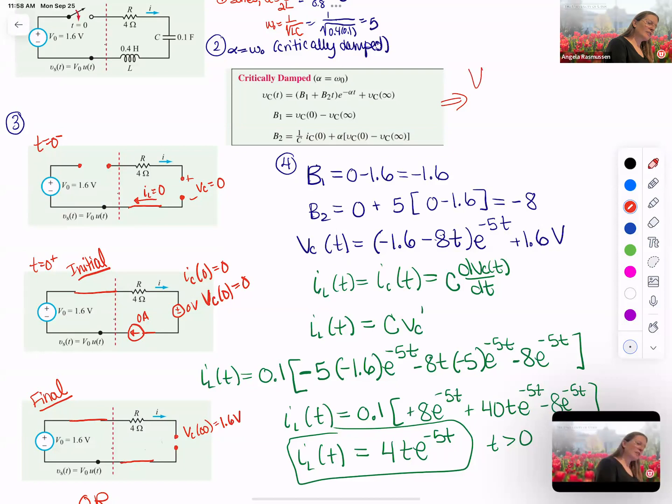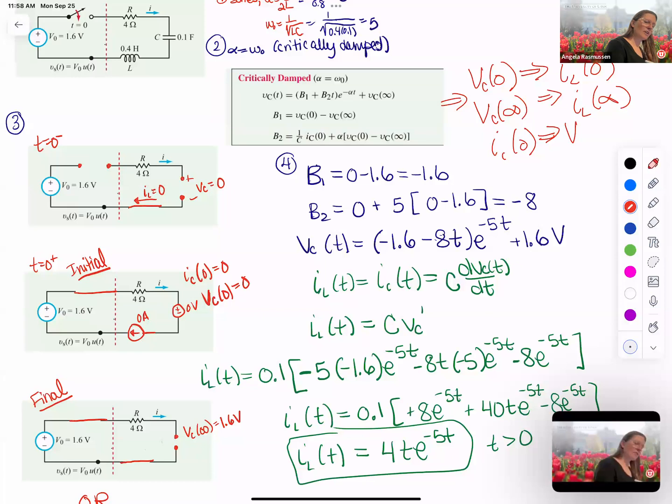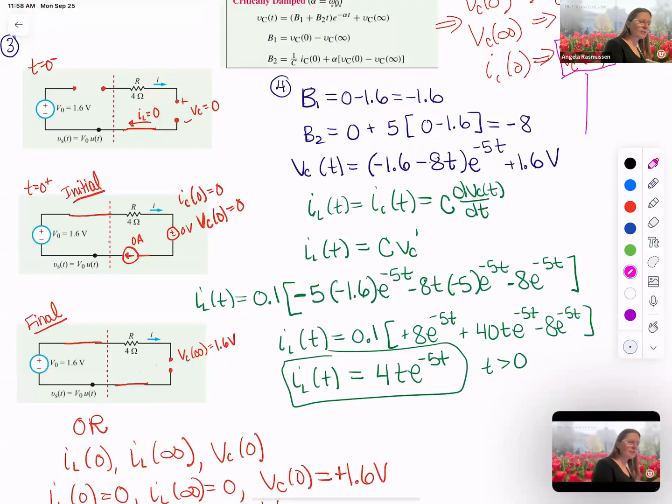VC of 0 goes to IL of 0. VC of infinity goes to IL of infinity. And then IC of 0 goes to VC of 0. The difference is that this VC of 0 is found a little differently. That one you have to get from the equation that you derive.